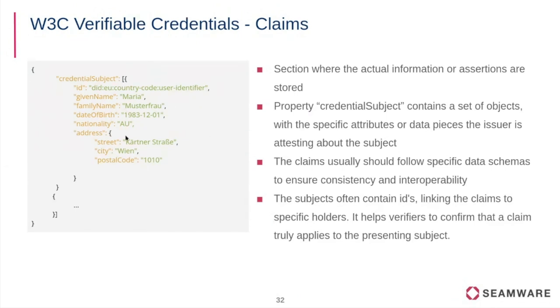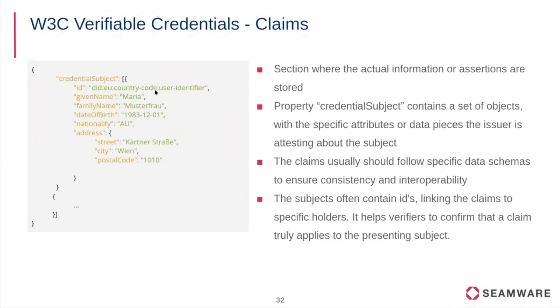The claims themselves usually should follow specific data schemes to ensure consistency and interoperability. So only if the verifier and the issuer have the same understanding of date of birth, then it makes sense to use this. Because if I don't understand the same format of the date of birth, then I don't have any kind of interoperability. And the subject itself often contains also IDs that might link the claims to specific holders.